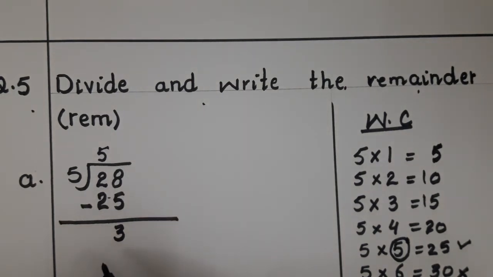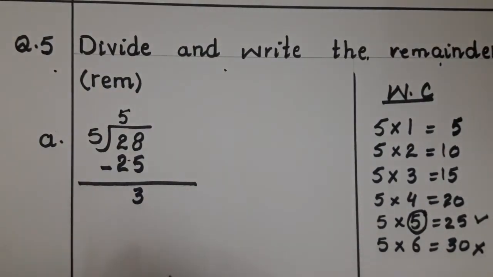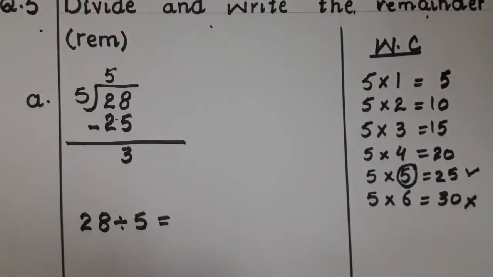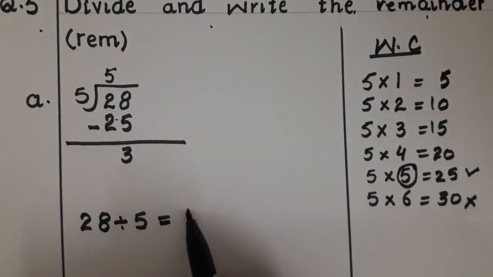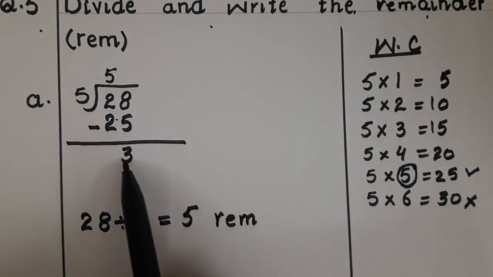So students, we will write the answer like this: 28 divided by 5 is equal to, first of all we will write this number 5, the quotient, and then the remainder, which is 3.